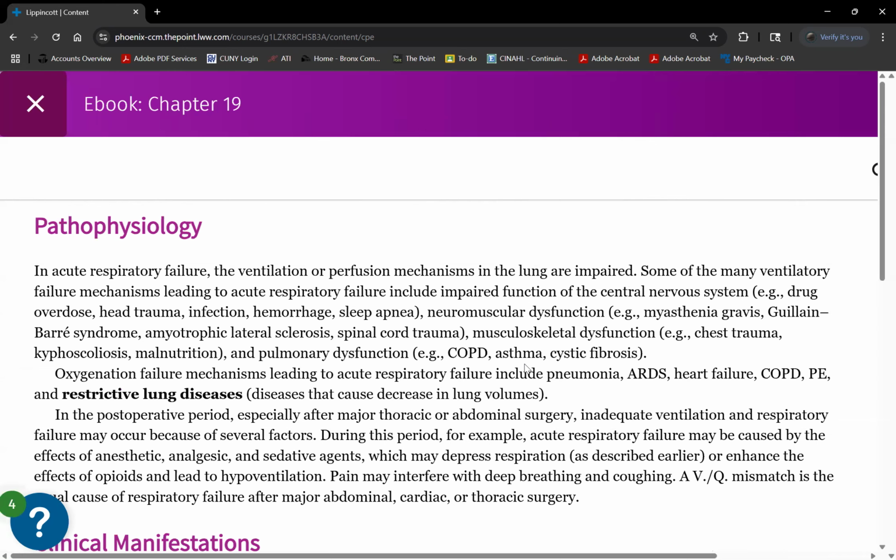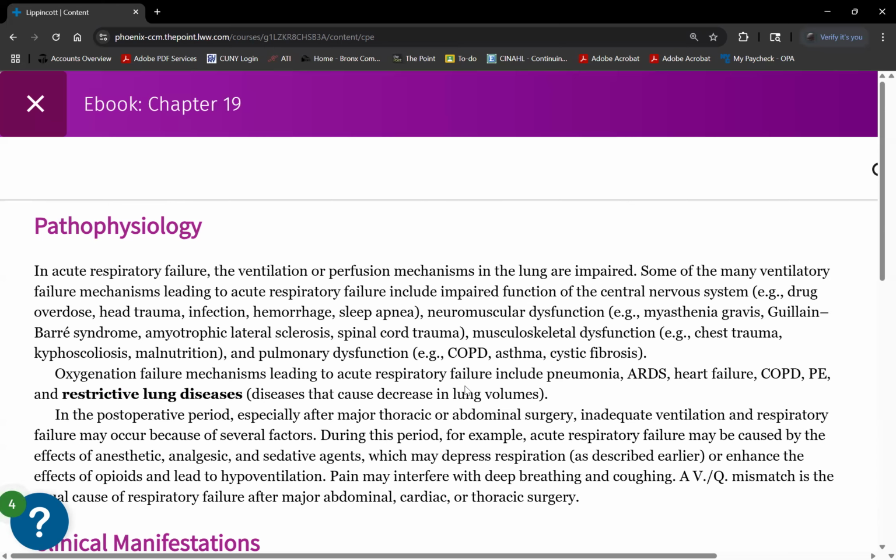There are also non-pulmonary causes. Pulmonary causes, examples are pneumonia, heart failure, or let's say PE, COPD. Those are your pulmonary causes. But look at the non-pulmonary causes. There are multiple. There are two forms of respiratory failure. It's either a failure of oxygenation or a failure of ventilation.